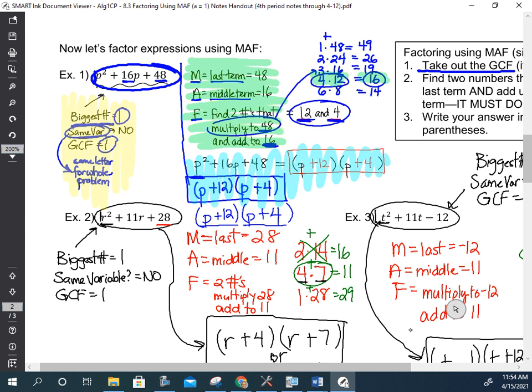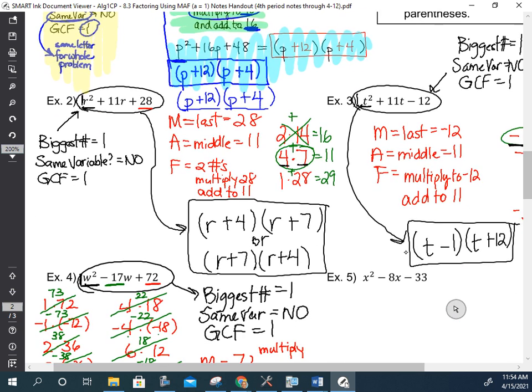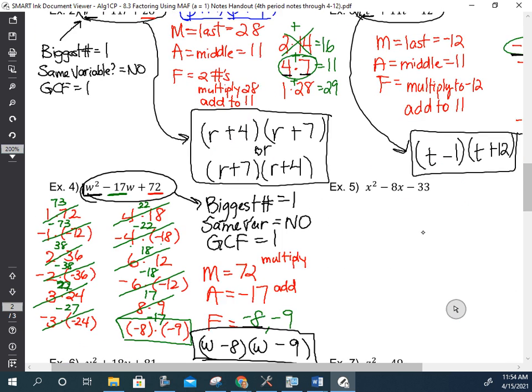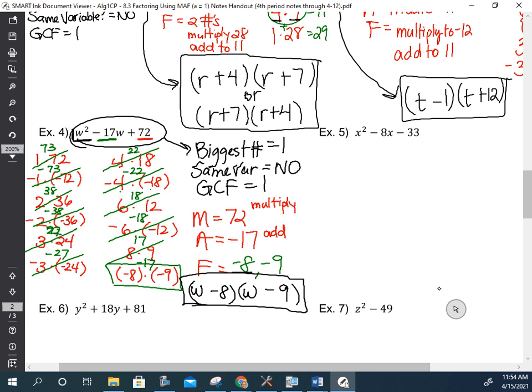So example 1 was done for you. We did examples 2, 3, and 4 together in class. So example 5 is where we left off. Any questions before we do example 5?